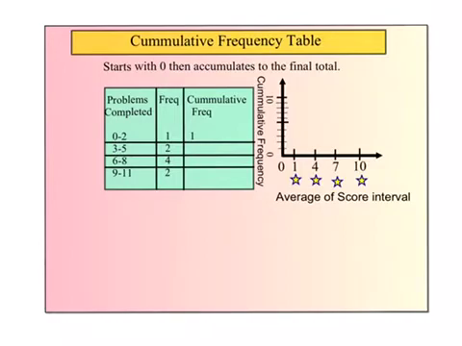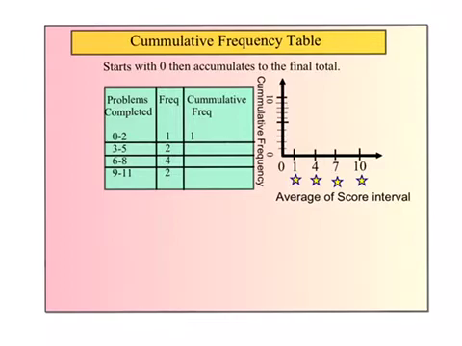Okay, a little side note item here in this lesson is something called the cumulative frequency table. It's one of the tables that's used to display data, and basically how it works is, let's say that a teacher gives an 11 problem test or quiz, and 9 people take that test or quiz.